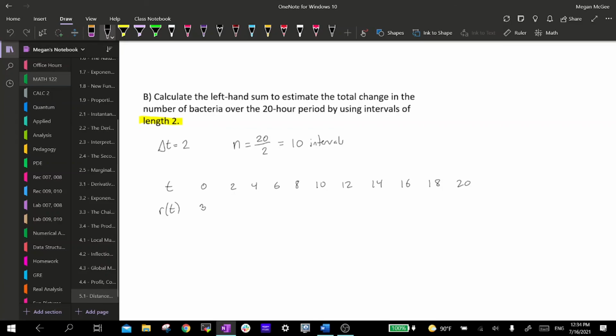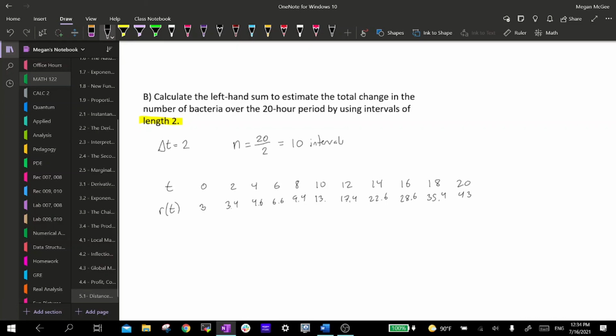we have 3, 3.4, 4.6, 6.6, 9.4, 13, 17.4, 22.6, 28.6, 35.4, and 43. I know that's kind of a messy table, but there we have it.